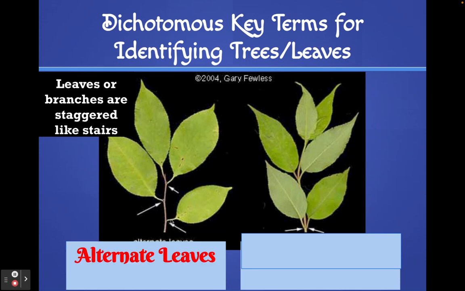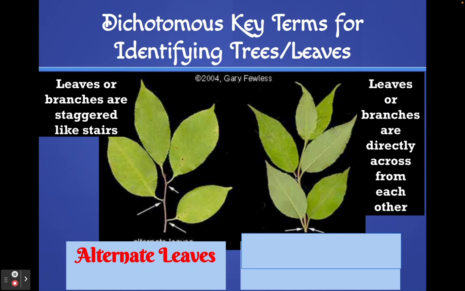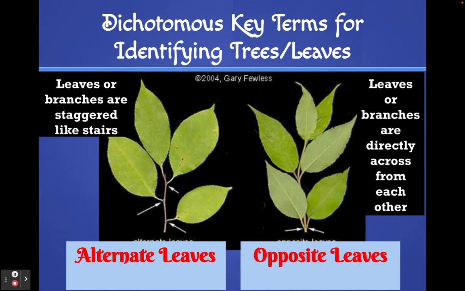So that is alternate. They're one above, then one below, then one above. They're going left to right and left to right. On the opposite side over here, look at the leaves. They're directly across from each other. The leaves or branches are directly across from each other. We call that opposite. So pay attention to the difference. Here's one on the left, then the right, then the left, then the right. They're not right across from each other. Over here, they're right across from each other.